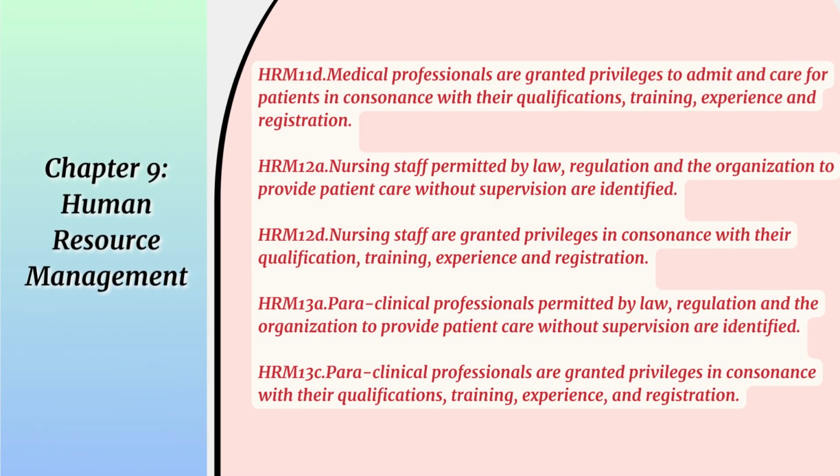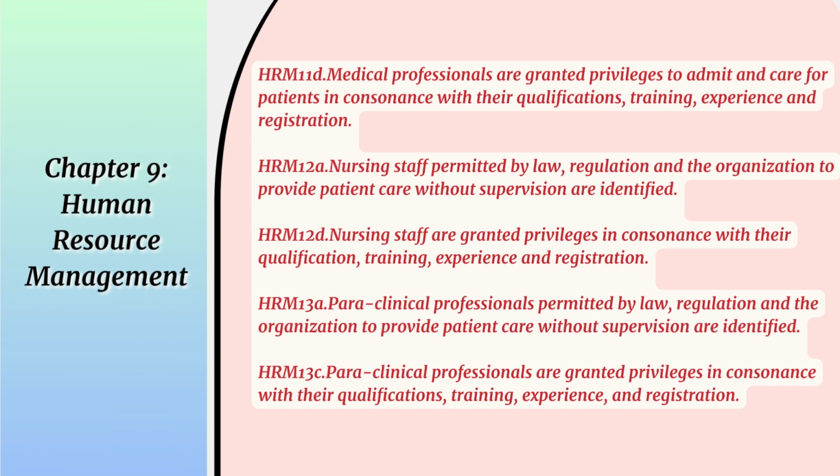Okay, so now I'll talk about the last core objective elements of human resource management. So HRM 11D, medical professionals are granted privileges to admit and care for patients in consonance with their qualifications, training, experience, and registration. So obviously, since they are very experienced, they are qualified to do surgery, so they are granted privileges to take care of the patients.